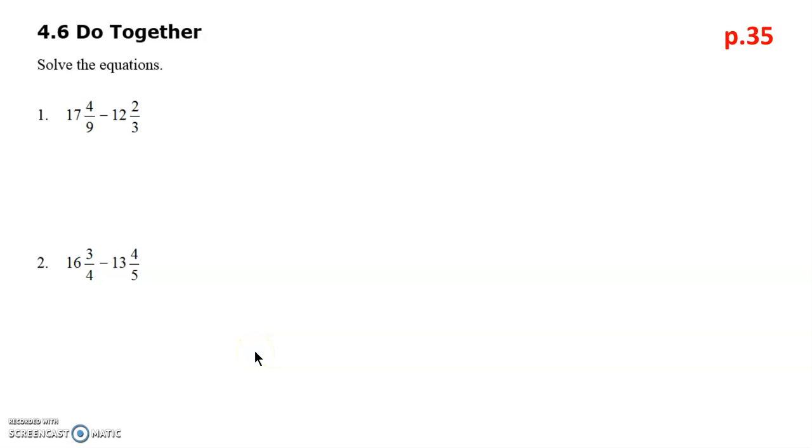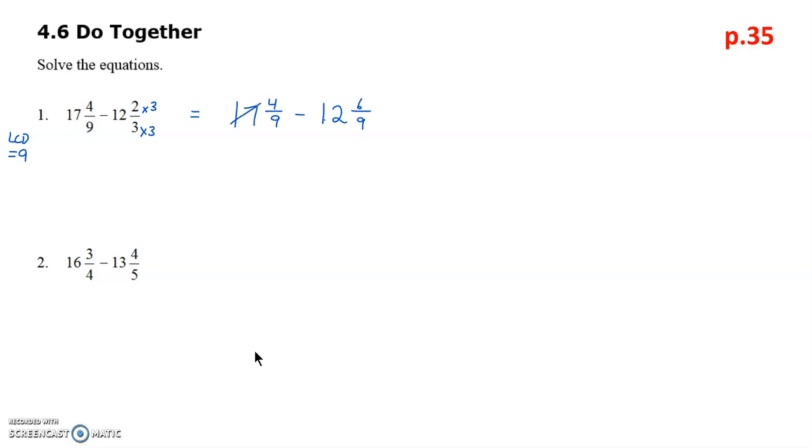First up, we're going to see that we have two mixed numbers that are being subtracted, and they are unlike fractions. So we're going to make them like. Lowest common denominator of 9 and 3 is 9. So we only have to change our second fraction. So we're going to do that first, and we're going to rewrite 17 4/9 minus 12 6/9. 4 minus 6 is not possible, so this is where we're going to need to borrow.